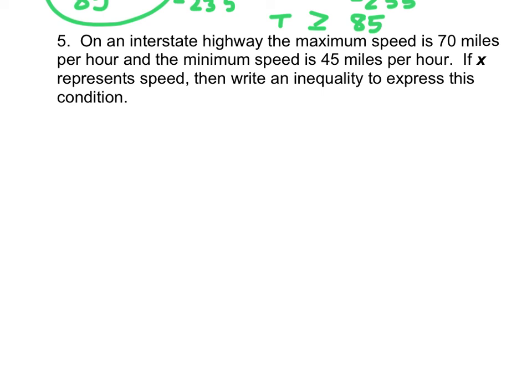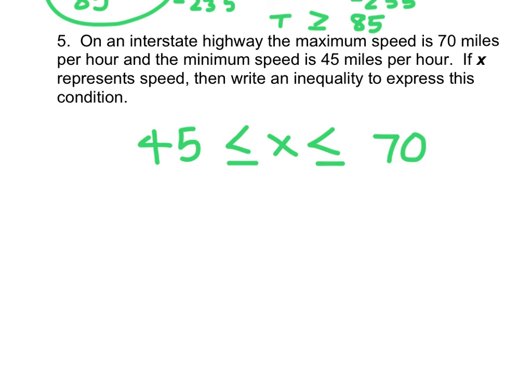Let's look at number 5 now. On an interstate highway, the maximum speed is 70 miles per hour, and the minimum speed is 45 miles per hour. If x represents speed, then write an inequality to express this condition. Pause the video and see if you can figure this out.